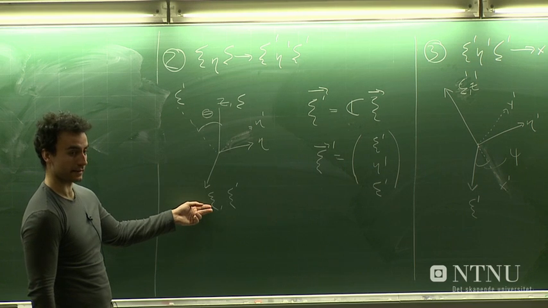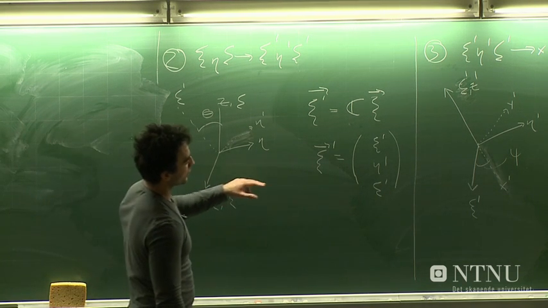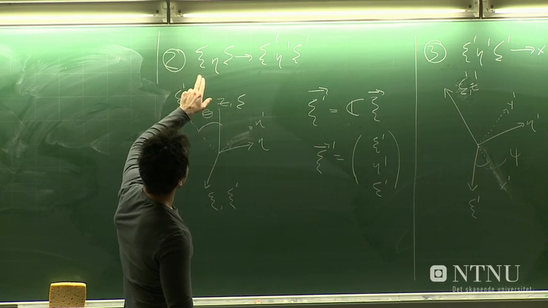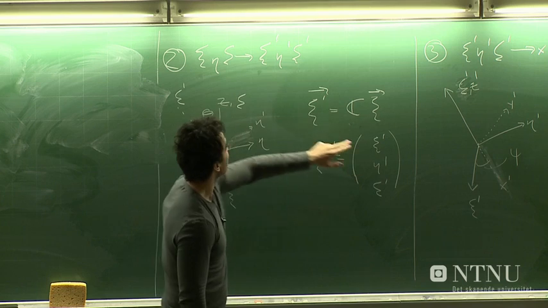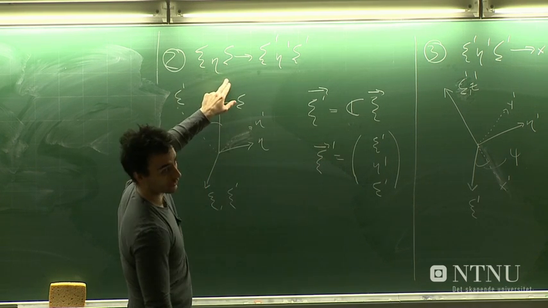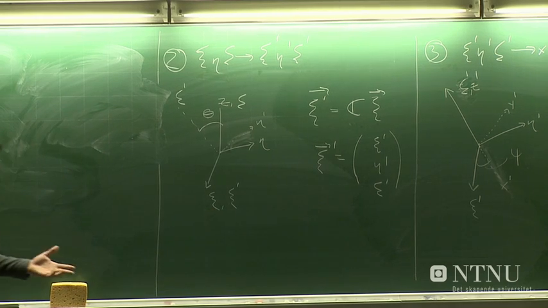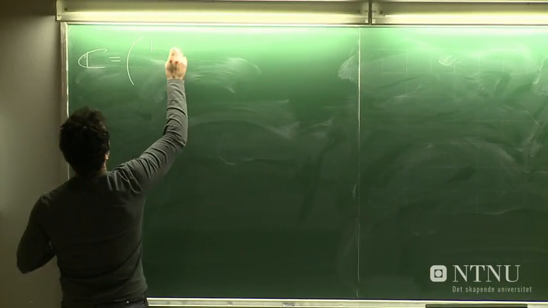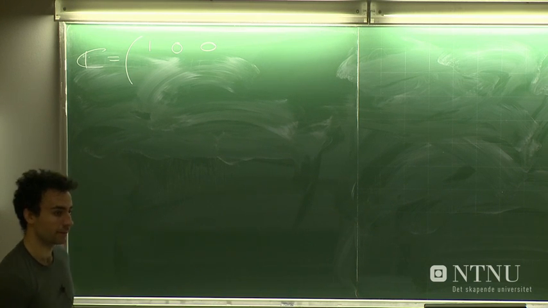One axis remains invariant. Well, we can consider the upper row to begin with. So the upper row corresponds to the transformation of xi into xi prime, where it says how does xi prime depend on these original coordinates. Well, we know that xi prime is equal to xi, so it should just be a unity transformation, similarly to the z-axis in the previous case.